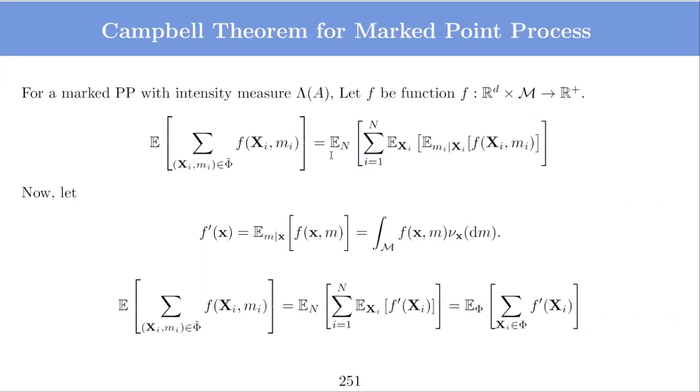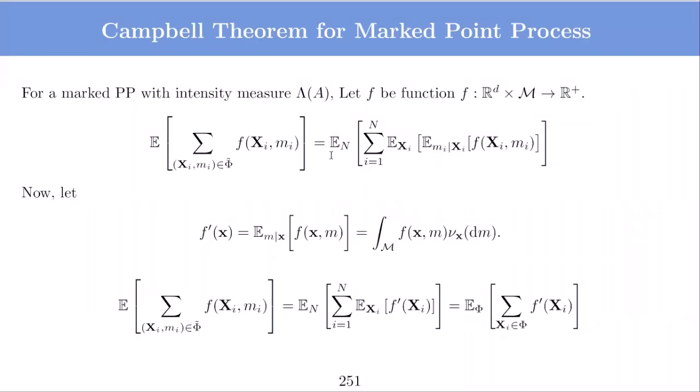To compute that, we will again do the same trick. We will first condition on the total number of points, which is n, and given that, the summation inside will have a deterministic number of terms. So the summation itself can be outside the expectation.